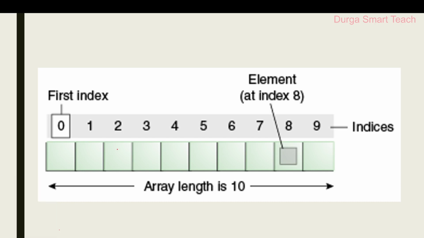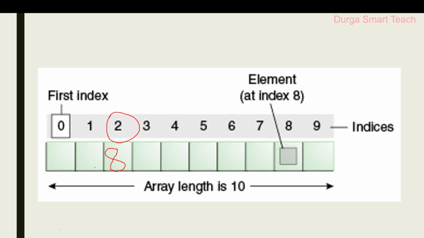Here the value is 8. So this 8 is represented with index value 2. Num of 2 contains 8. Or if you want to represent this one, you can represent it at index 8.